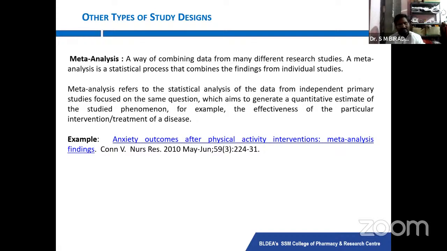Suppose I am interested in Covishield. I'll take the status of Covishield effectiveness in Karnataka, Andhra Pradesh, Gujarat, and finally I'll see the effect of Covishield in all the different states, and I'll frame one final summary.